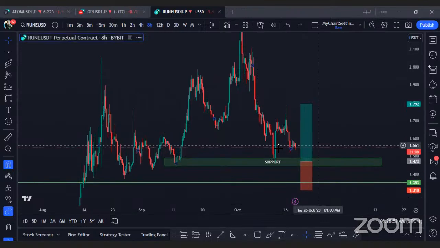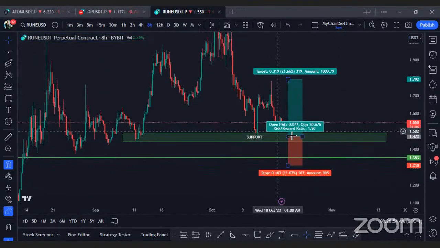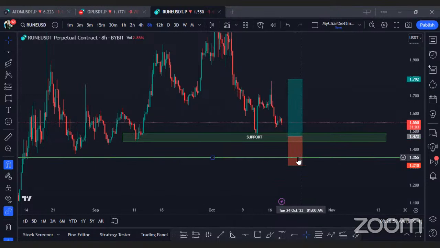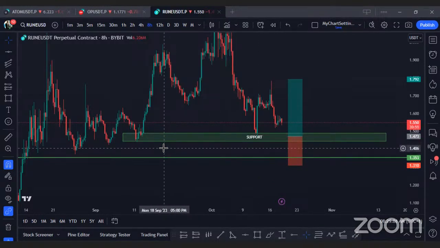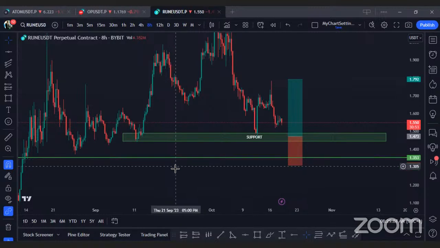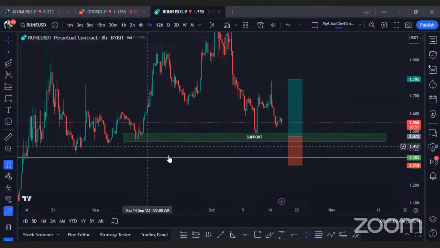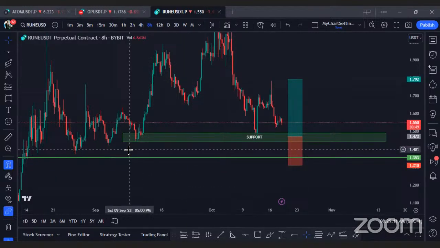Now, because I'm going to add into this position, this is entering here. This is my first liquidation price, all right? Now, if I enter another position here at 1.40, it will push my liquidation price further, right? And then I will add another one at 1.37 or thereabout.